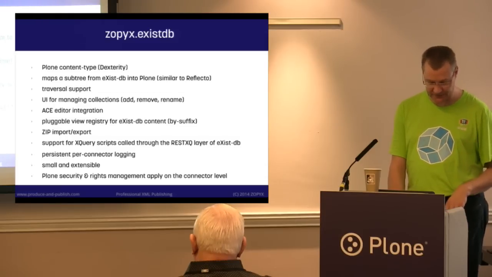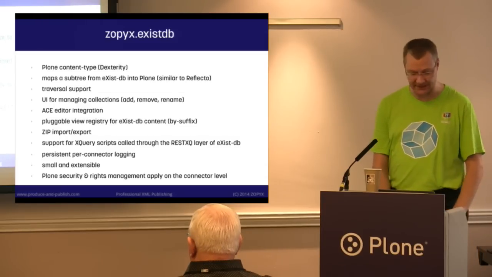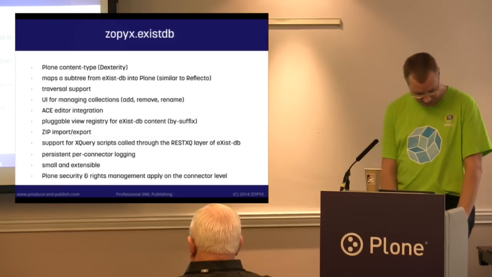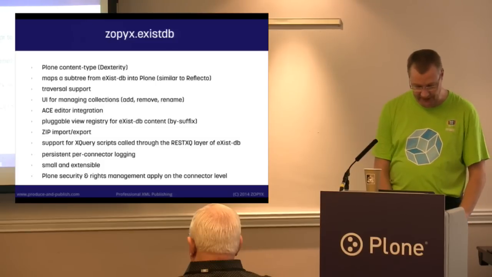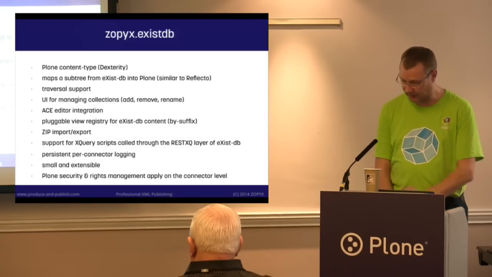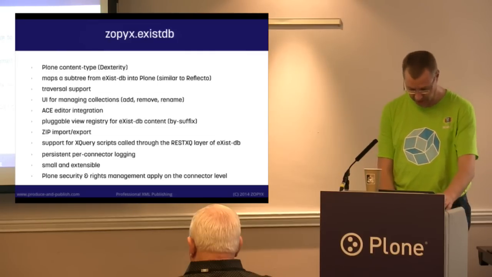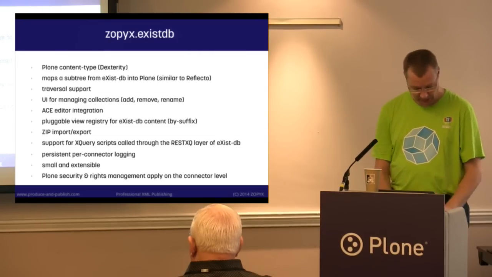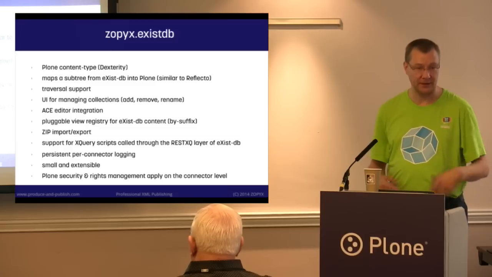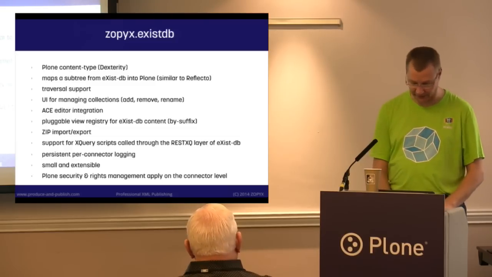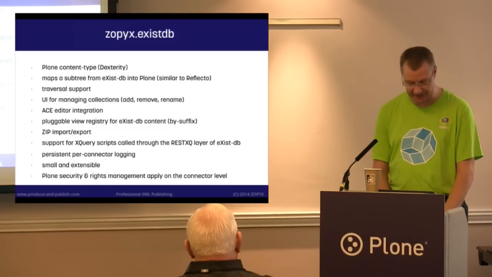It is possible to import the data as zip, and export the data as zip. We have an API for calling scripts from the database directly through the REST API. And it's pretty small and extensible, and at any level the complete Plone security and rights management applies.